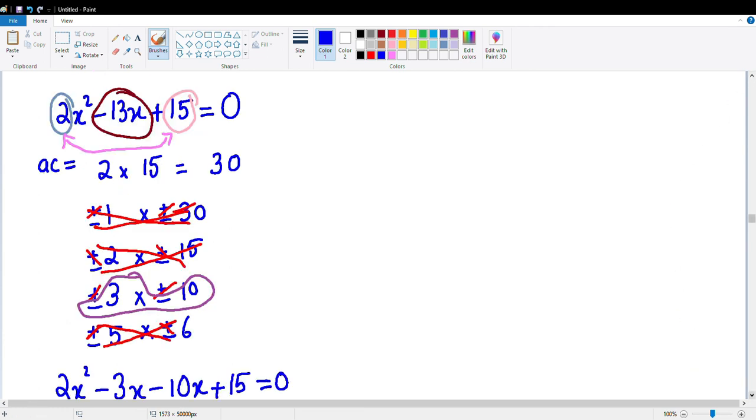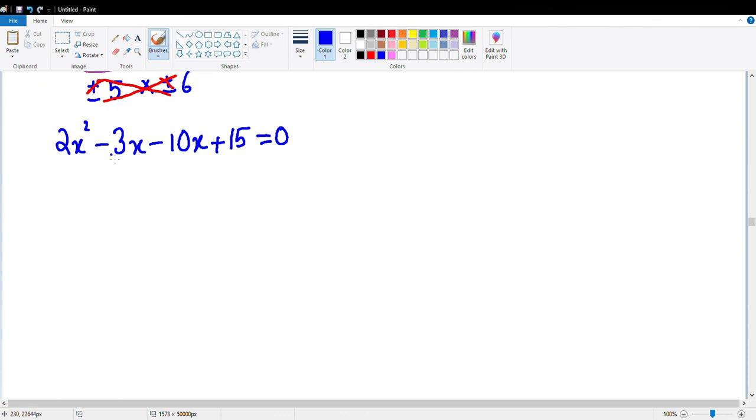Let's go down a little. From the first 2 terms, x is common in both of them, so we can take x common. We'll be left with 2x minus 3.